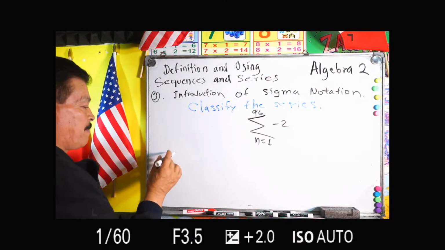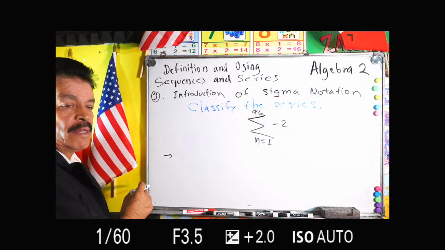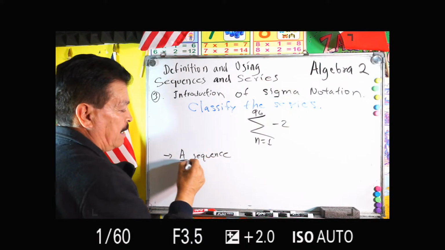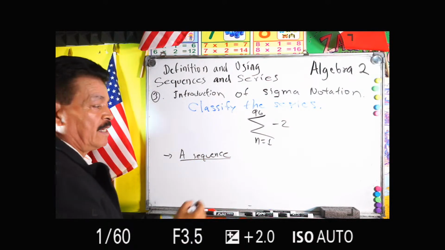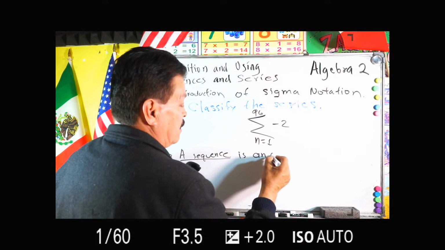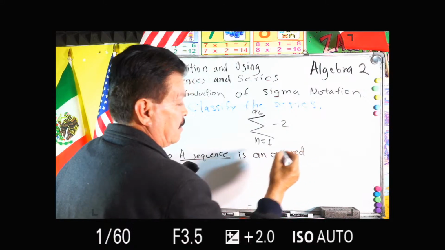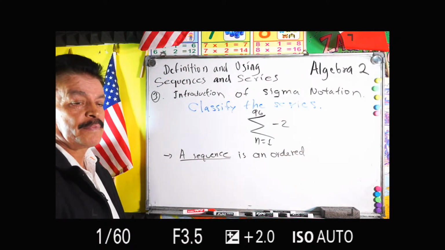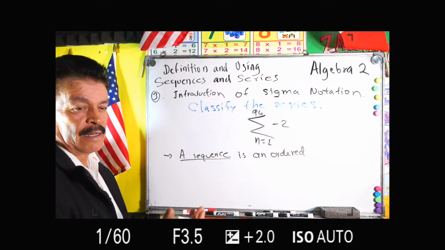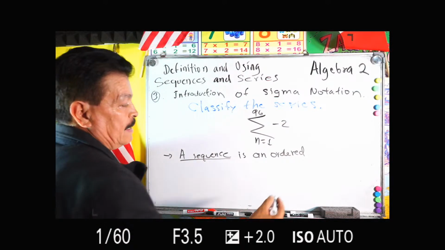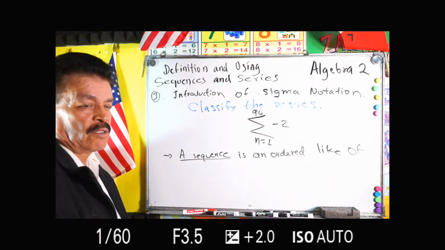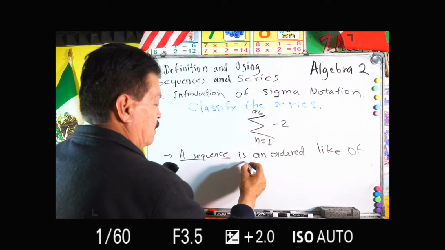So first of all, we have to remember this. A sequence is an ordered group of numbers.